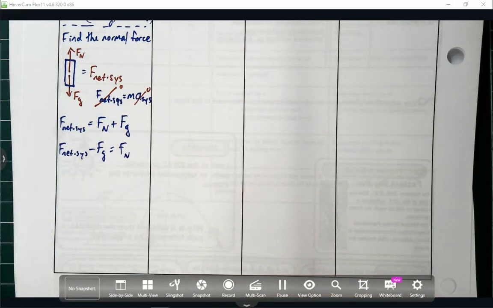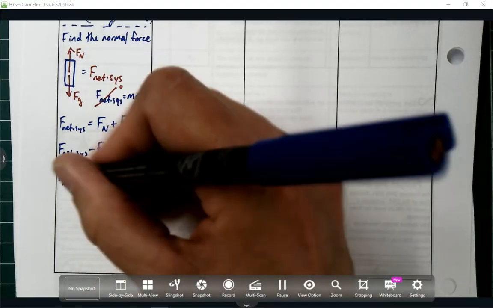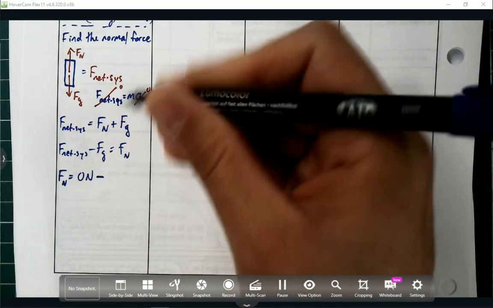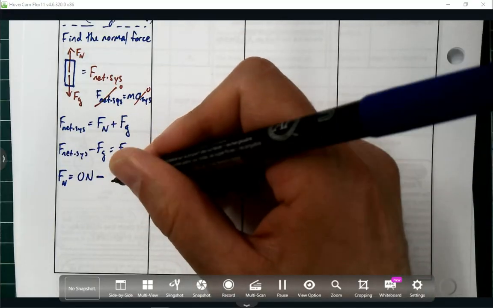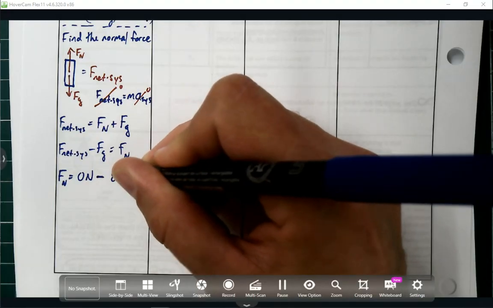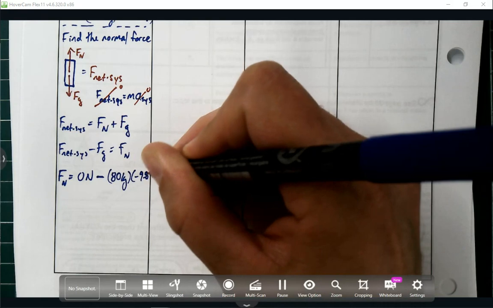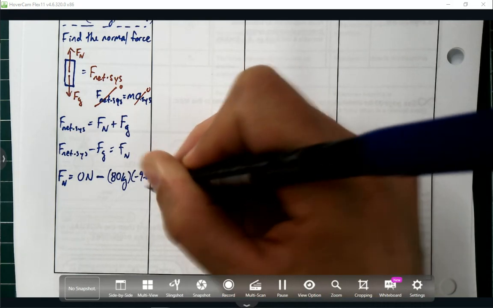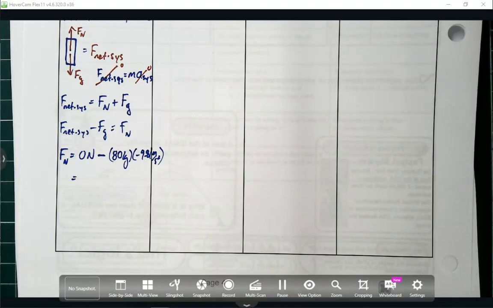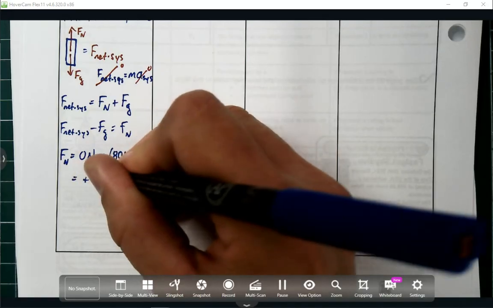And if I wanted to write that in the preferred isolated variable off to the left format, I could say F normal is equal to 0 newtons minus Fg, which we already declared was 80 times negative 9.81 meters per second squared. And if you do the math on that one, 80 times negative 9.81 ends up being positive 784.